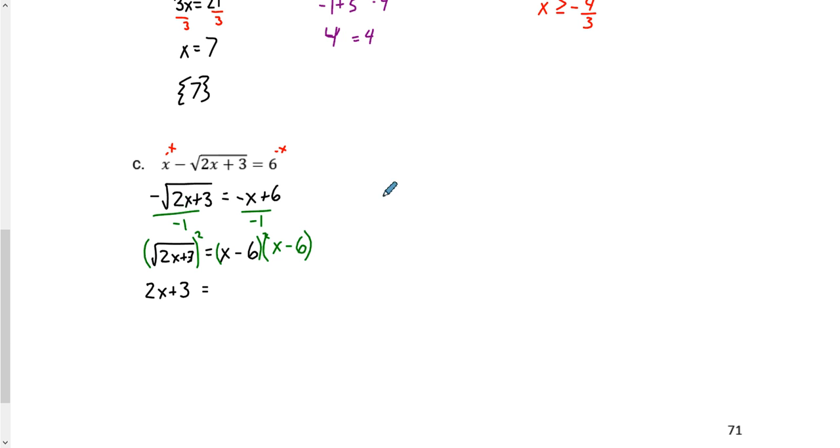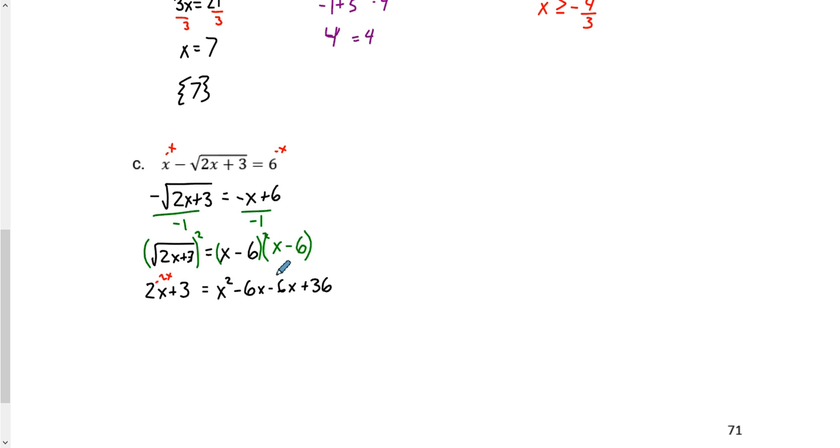So x subtract 6 multiplied by x subtract 6. Distribute to give us that. And finishing off, because we have an x squared, we're going to have to get one side equals 0 in order to solve.